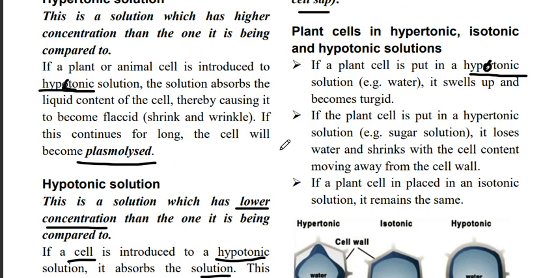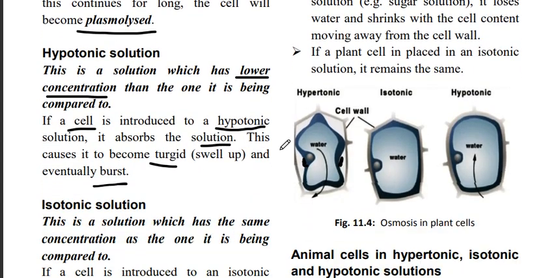So the cell will lose water because all the water in the cell will try to move towards the hypertonic solution. Is that okay? The last one, if a plant cell is placed in an isotonic solution, it will remain the same.